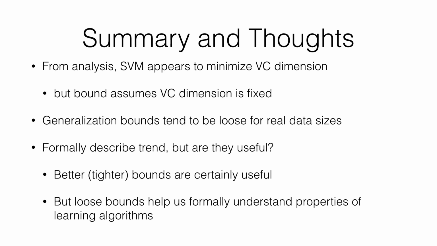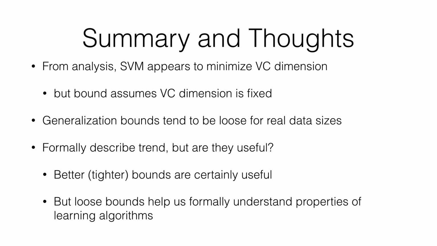In the same way that asymptotic analysis of worst case computational complexity is also useful, even if constant factor situations often play a much bigger role in practice because we have much smaller data sizes than the asymptotic analysis shows.